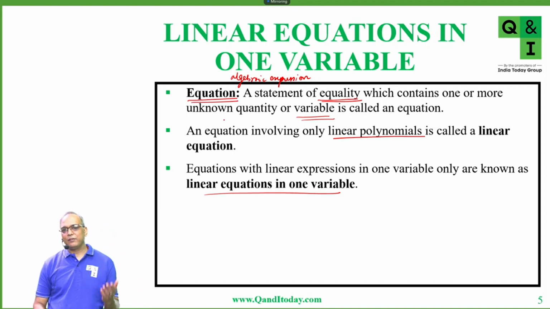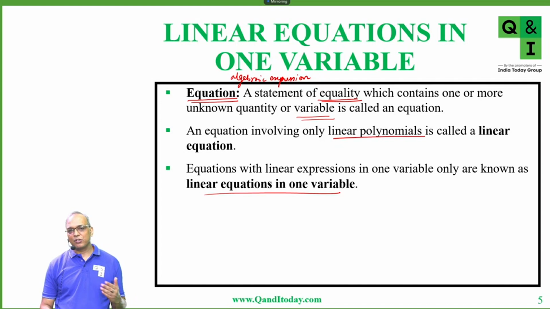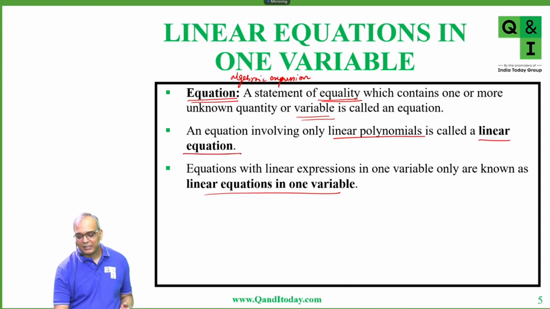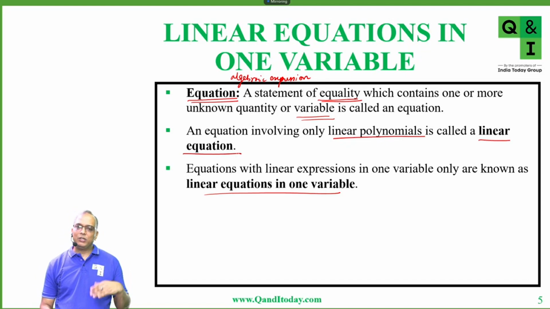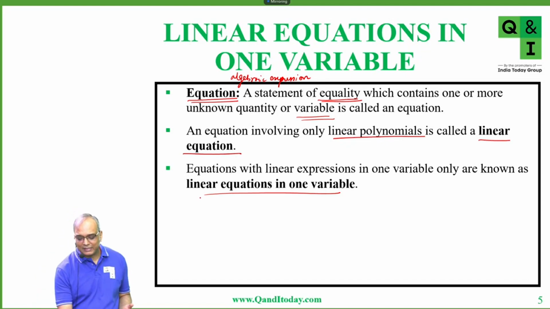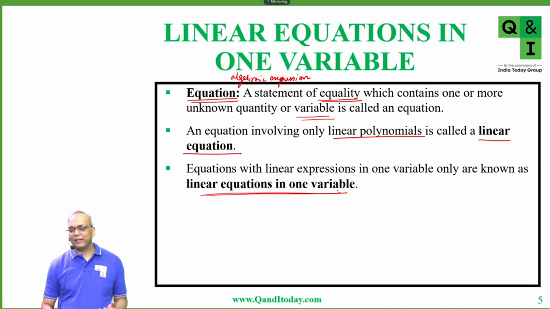Then if the equation has only linear polynomials, meaning the power of the variable is 1, then this is a linear equation. And if there is only one variable there, then this is a linear equation in one variable. Is this clear? All the 3 points. What is an equation? What is a linear equation? And what is a linear equation in one variable?